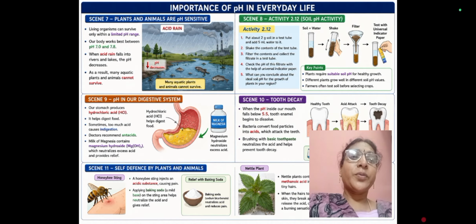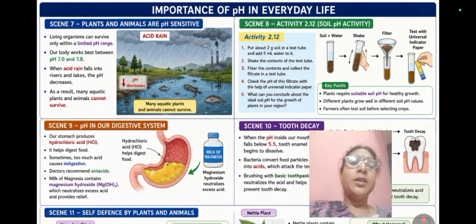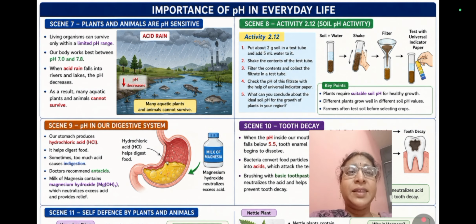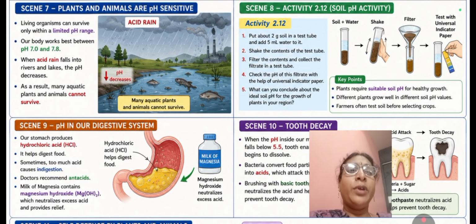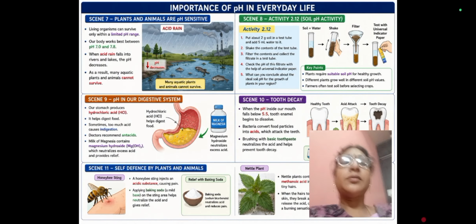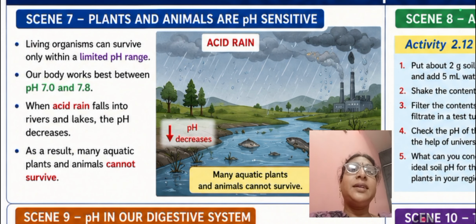Now, what is the importance of pH in our daily life? pH is useful in different ways in our life. Plants and animals are pH sensitive.